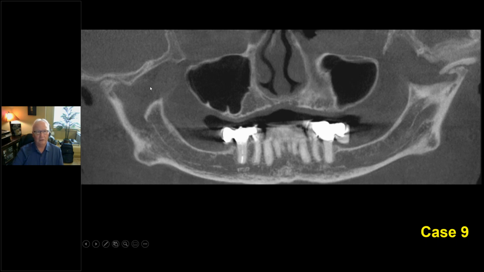Well, I always want you to look at the condyles, because if you start to restore with implants and put them back in function, sometimes this is basically osteophyte production, flattening.